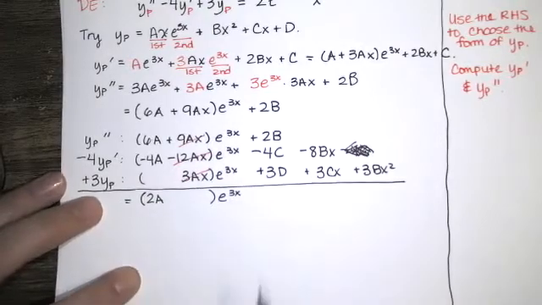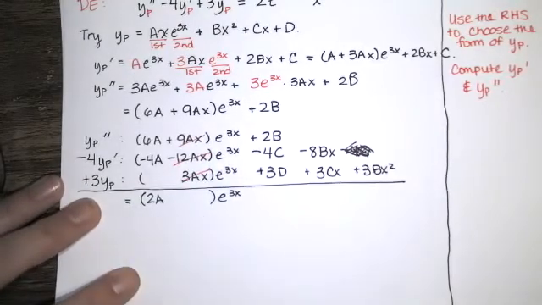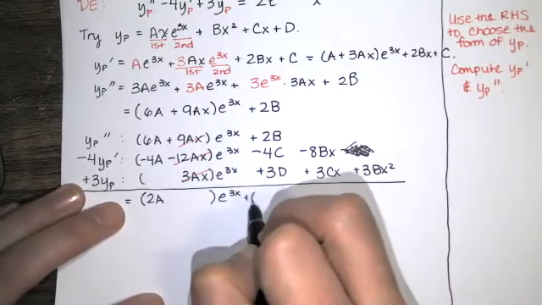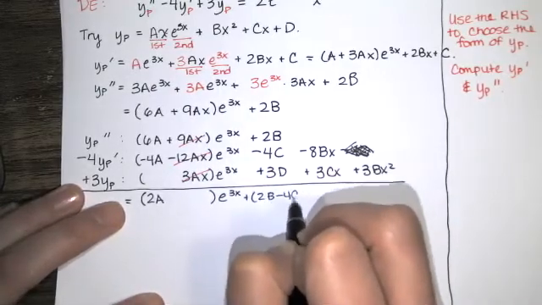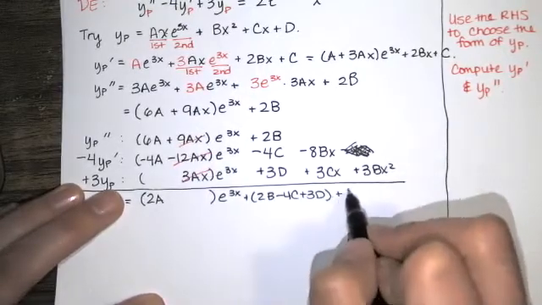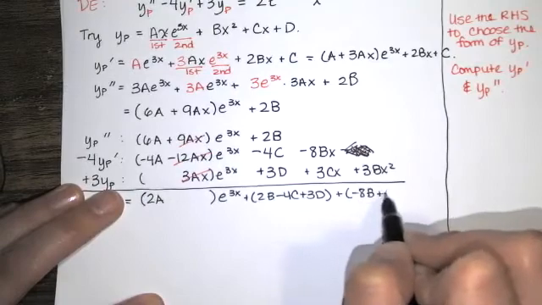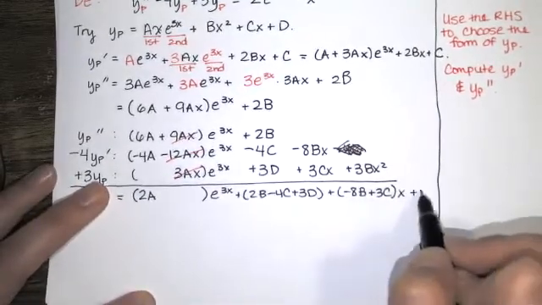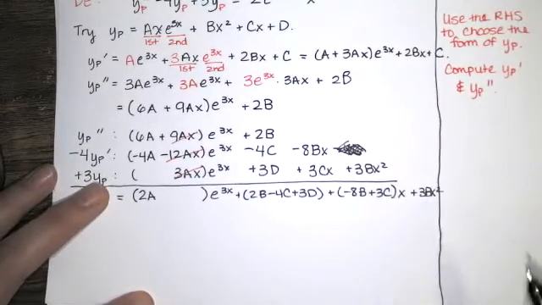Or if you want, you could just write it as 2a e to the 3x without those big parentheses. Then here the constant term turns out to be 2b minus 4c plus 3d. The x term is negative 8b plus 3c times x, and the x squared term is 3b times x squared.